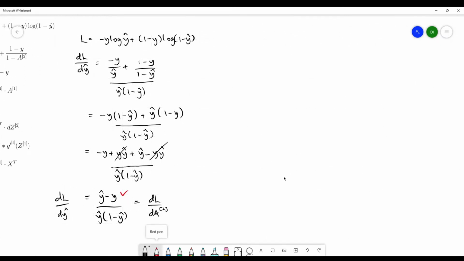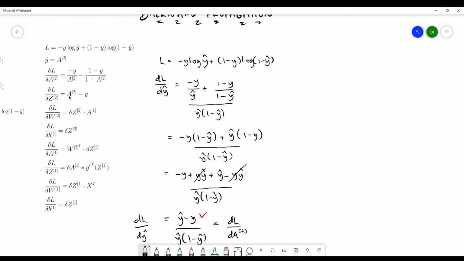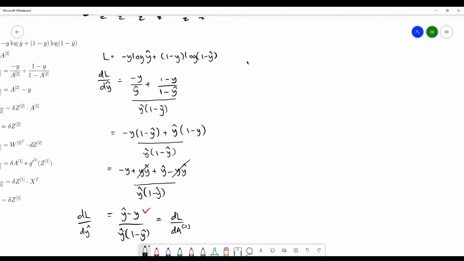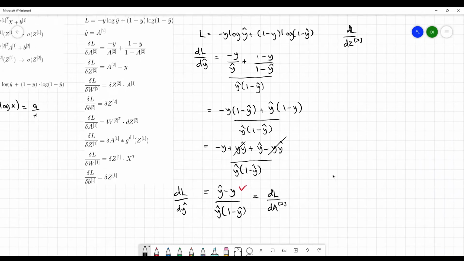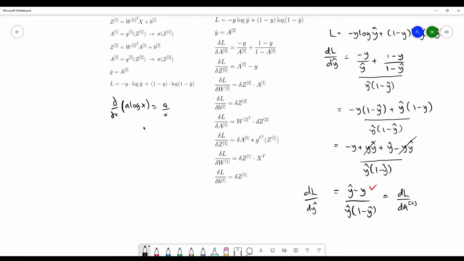Moving on, we have to find dL/dZ2. And so this is where chain rule comes into play, right? And so chain rule says when we have a function f of x that's an input to another function, say g of x, so f of x is an input to g of x, right?